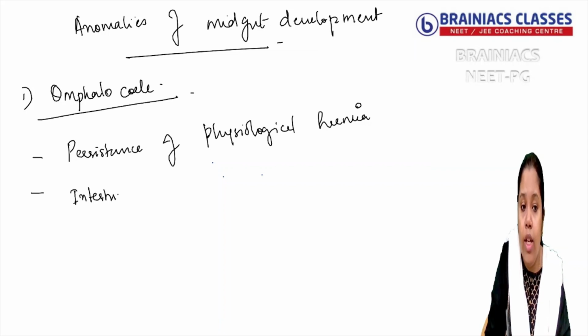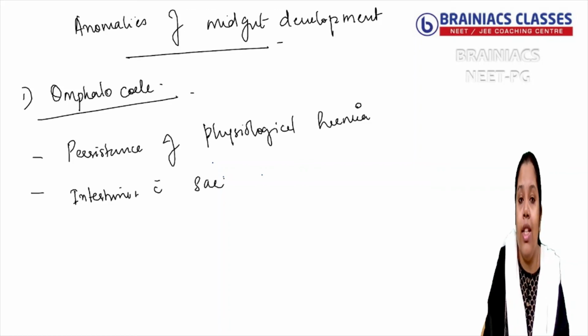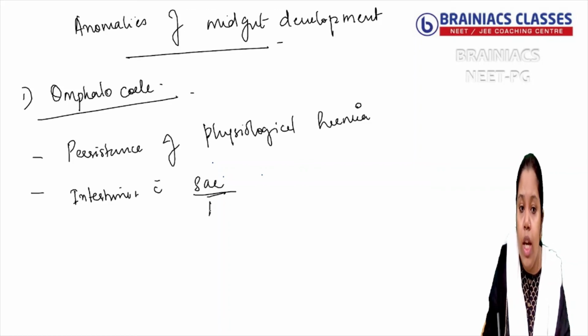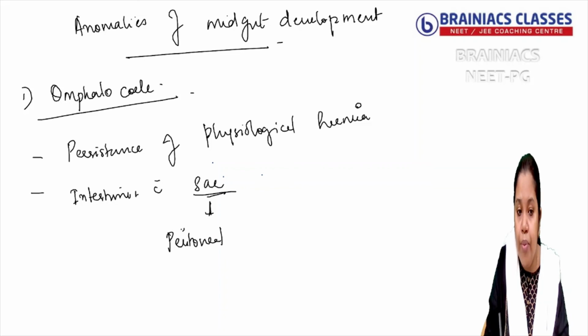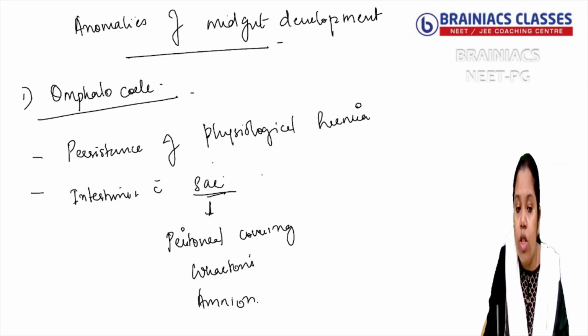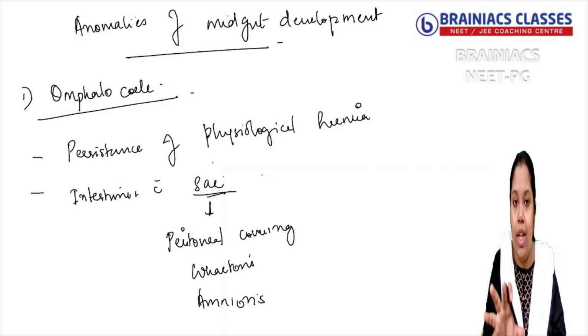The intestines with the sac are present as the hernia. Sac means what? It means you have a covering, right? The peritoneal covering around the intestine. Then you have the Wharton's jelly. Then you have the amnion. All these structures will cover the intestine. That is called a sac.